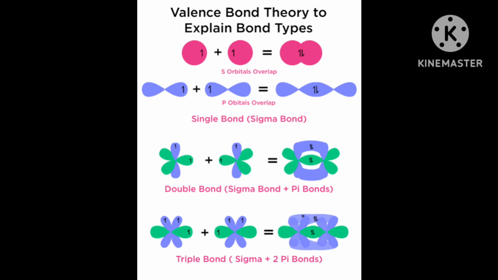Total 4 orbitals are there. Then what will be the hybridization? 1s and 3p. Then the type of hybridization will be sp3. Total 4 orbitals, and all 4 orbitals will be called sp3, sp3, sp3, sp3. All are equivalent.